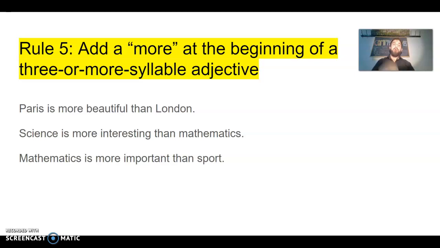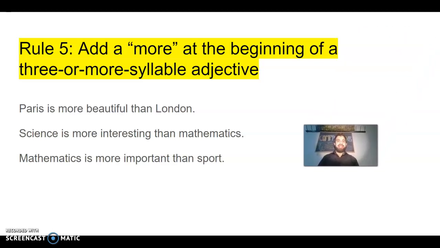We say more beautiful. We say more interesting. We say more important. Paris is more beautiful than London. Science is more interesting than mathematics. Mathematics is more important than sport.